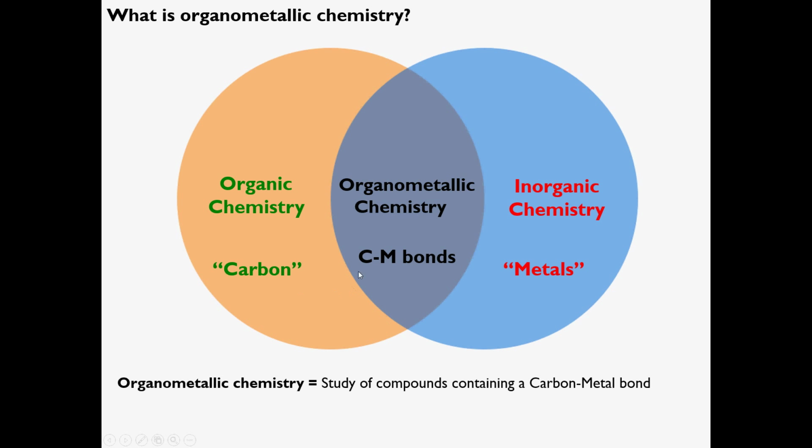And broadly defined, it's the chemistry of compounds containing direct carbon-metal bonds, which might sound a little weird, but if you think about it, you've already seen a few examples of this: Grignard reagents, organolithium reagents, that kind of thing. And organometallic chemistry itself is fundamentally a very interesting area. You get some weird and cool reactivity profiles.